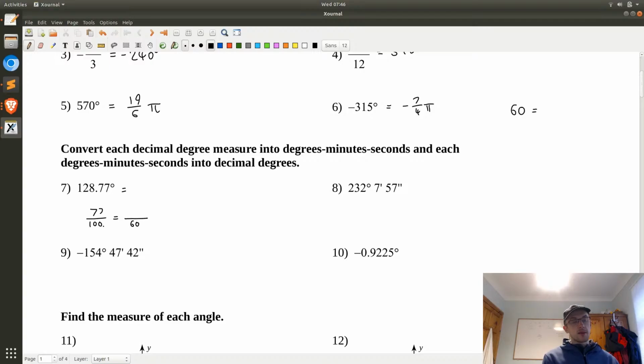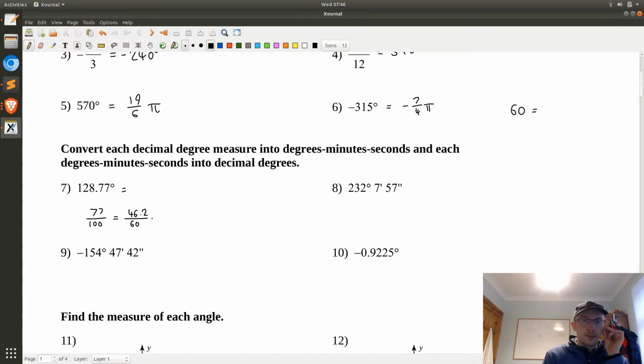So you just do 77 times 60 and then divide that by 100. 77 times 60 is 4,620, and 4,620 divided by 100 is 46.2. So it's that much.